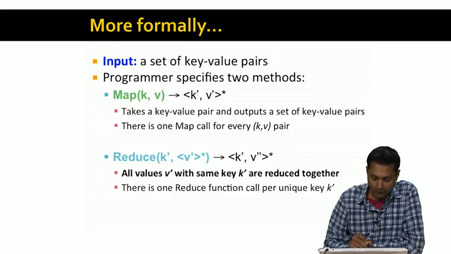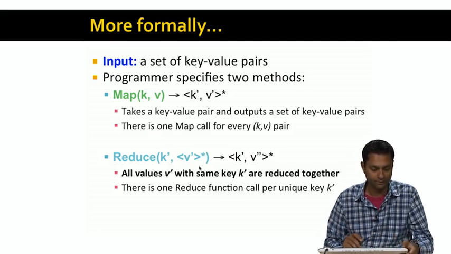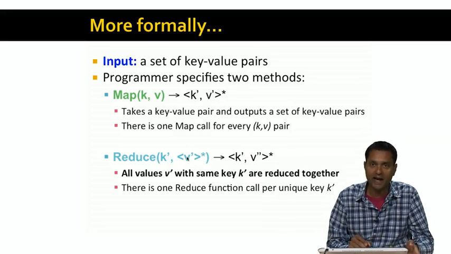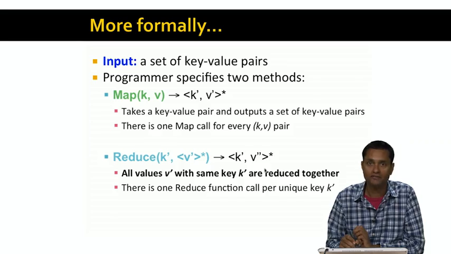The intermediate key value group consists of a key and a set of values for that key. And the output can consist of 0, 1, or multiple key value pairs. Once again, the key is the same as the input key, but the value is obtained by combining the input values in some manner. For example, you might add up the input values, and that could be the output v double prime here.